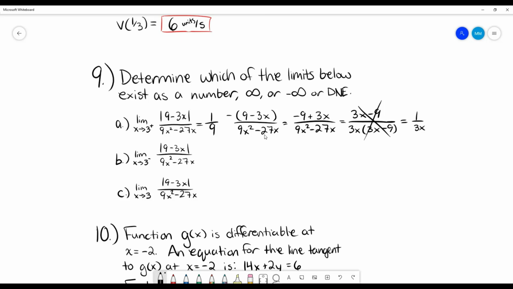We want to do the same thing over here, except it's approaching from the left. So we're going to get values less than 3, which means that when we plug them in here, it's always going to be positive even without the absolute value. So we don't have to alter it in any way. It's just going to be 9 minus 3x over 9x squared minus 27x. Again, we like to factor.